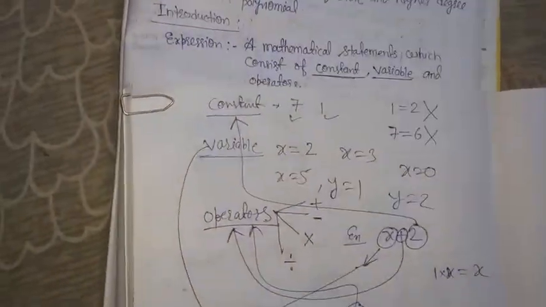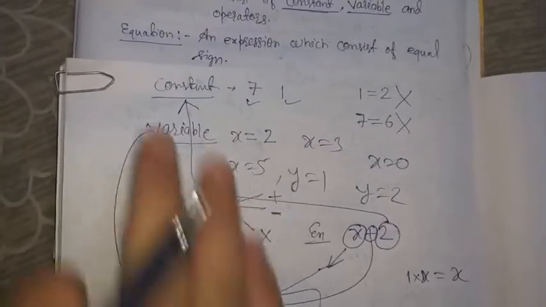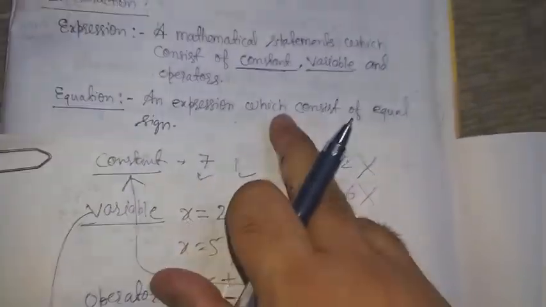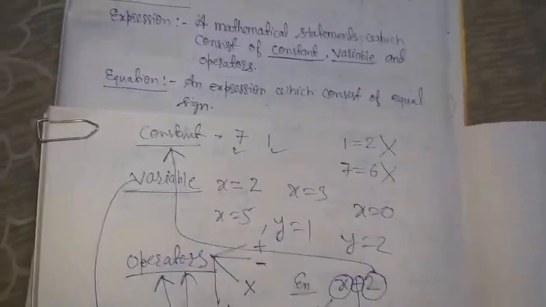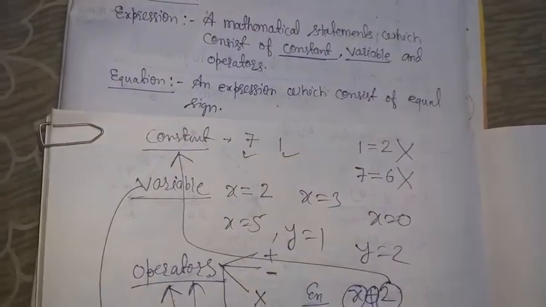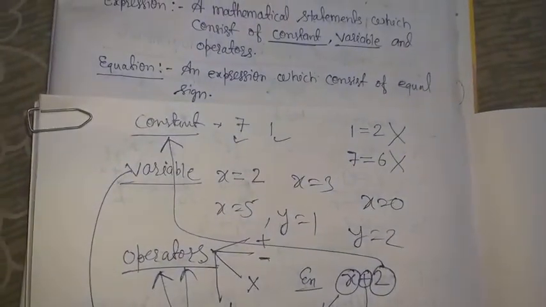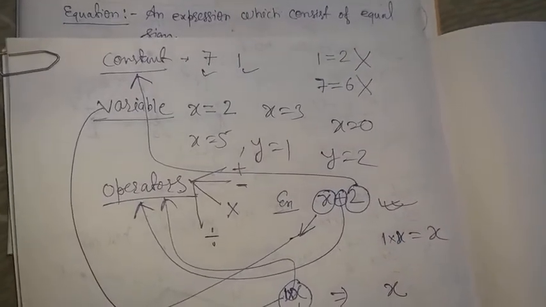Now, next thing is equation. Equation is an expression which consists of an equal sign. Means, as for example, we have seen that x plus 2 is an expression.